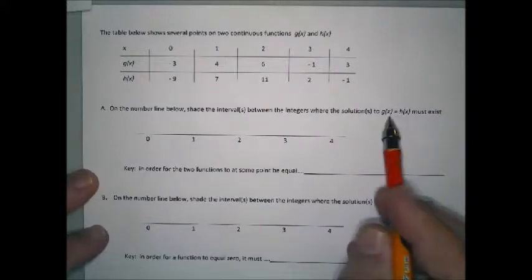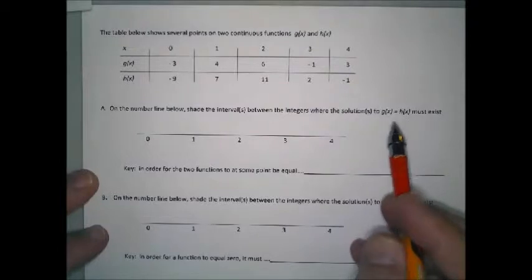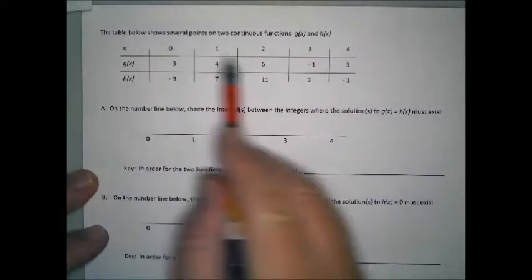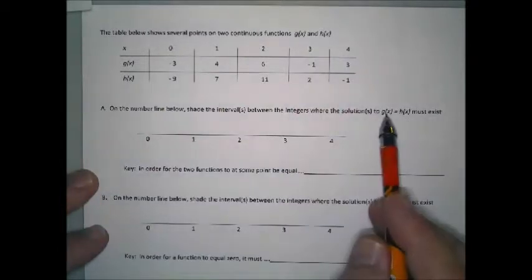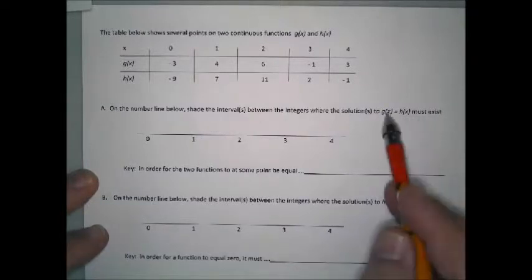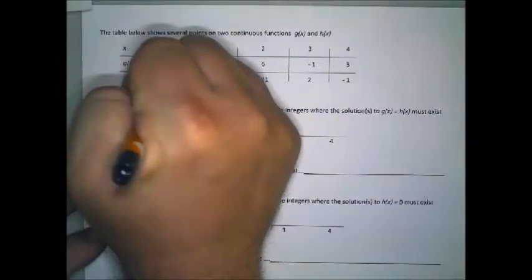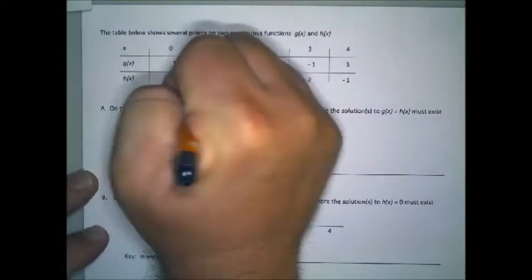Okay? So between what 2 values that we know do the 2 functions have to be equal to each other? Well, in order to do this, we need to do a comparison. And in this case, it would be g of x versus h of x.